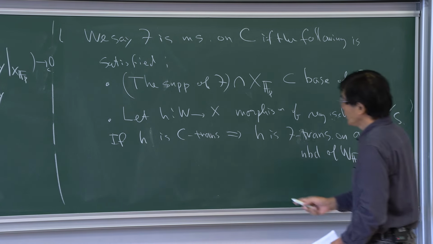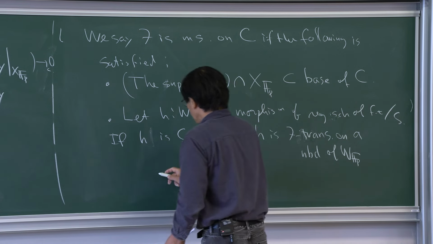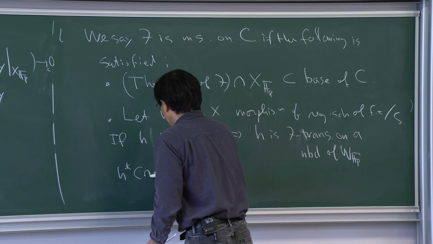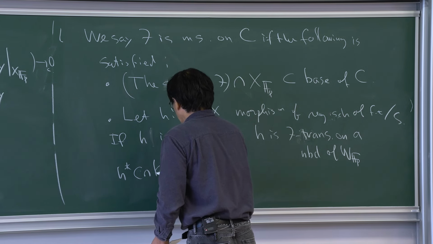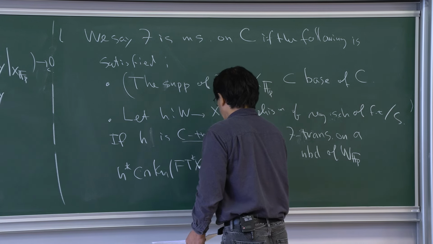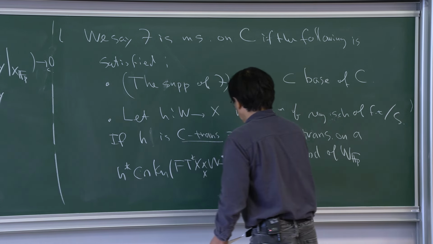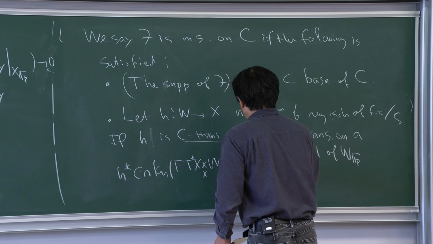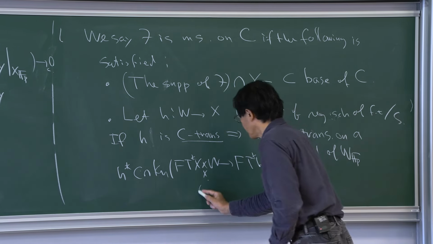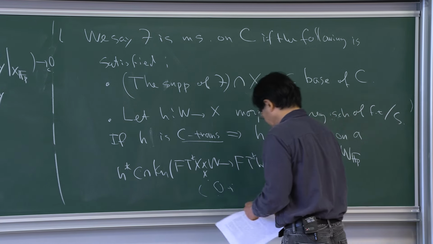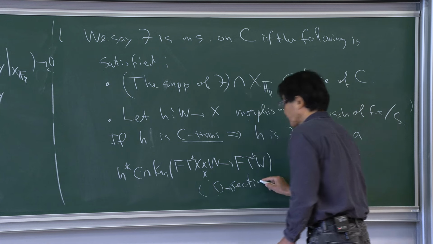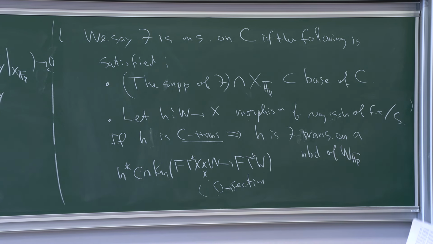The C-transversality is defined as before, in the same way, so this intersection is a subset of the zero section. Okay, so this is the definition.